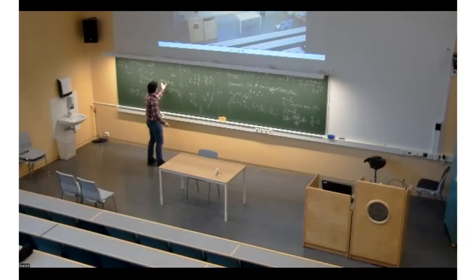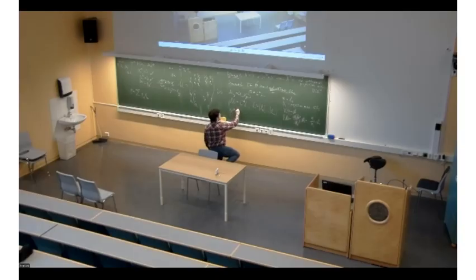Now I'm almost done because I'm running out of space on the board. To check this value, I write xi star xi psi. I know that xi is idempotent and self-adjoint, so it doesn't matter if I now introduce another xi star in here. And this is now just the scalar product pairing xi psi with itself.